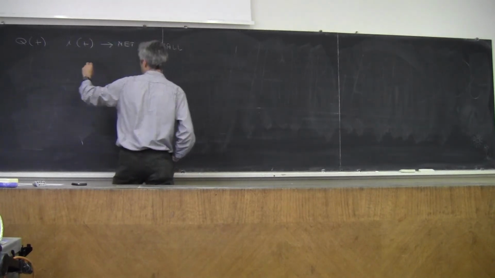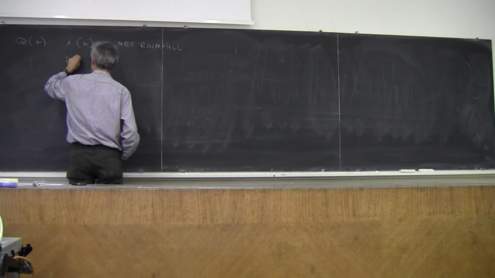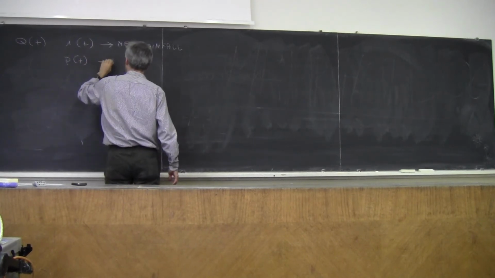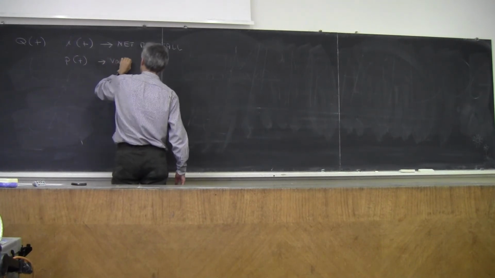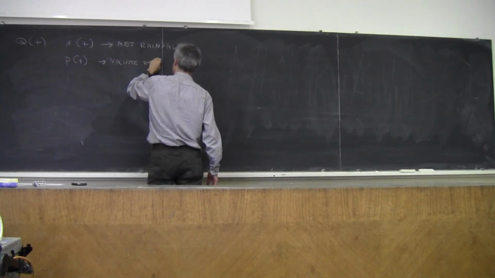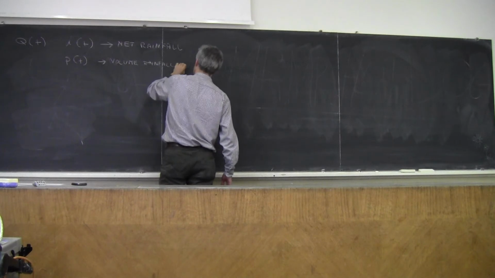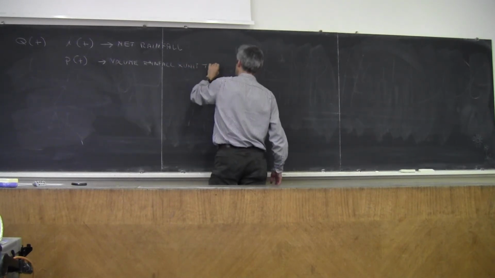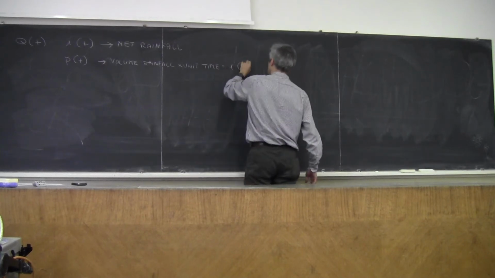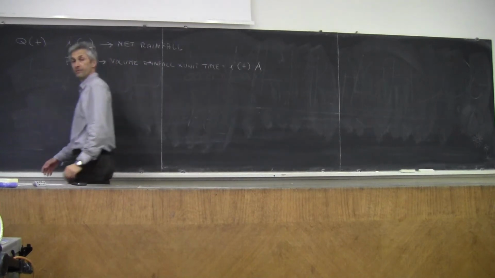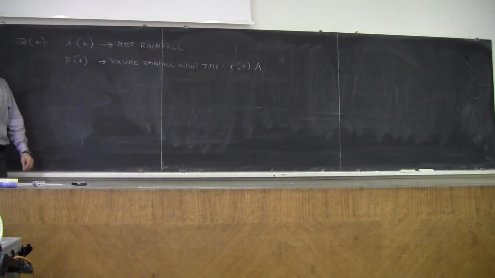Let me introduce another variable, which is P(t), the volume of rainfall per unit time, which is equal to I(t) times A. A is the area of the catchment.